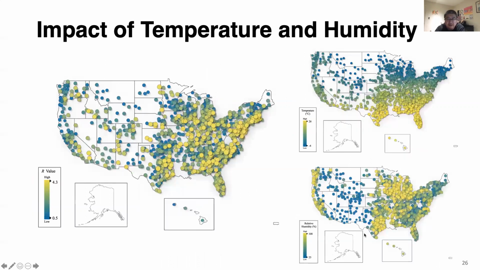And this is a similar figure, which shows the average R value from March 15 to April 6, 2020 for the 1,005 US counties. This is temperature, and this is the average relative humidity, from which you can get a sense of the potential correlations between temperature, humidity, and the transmission.